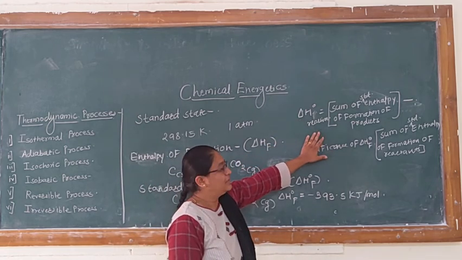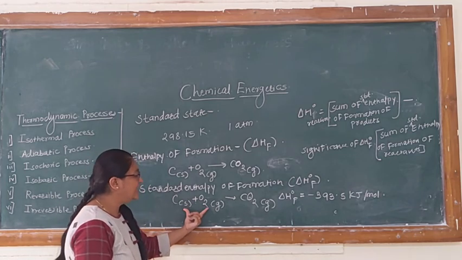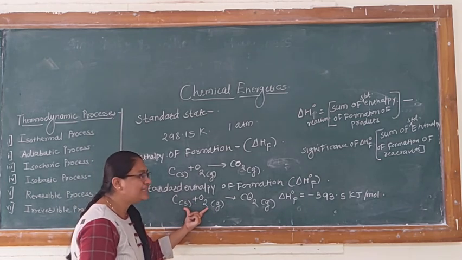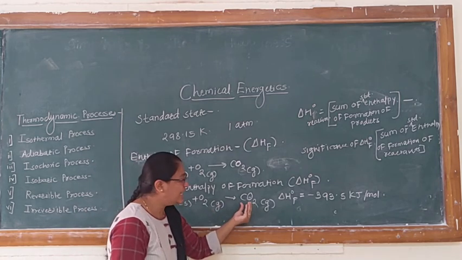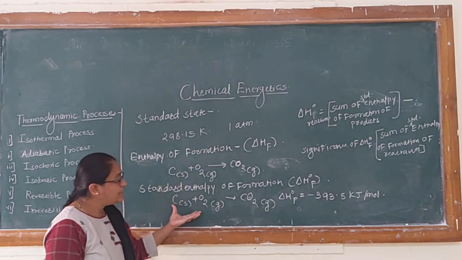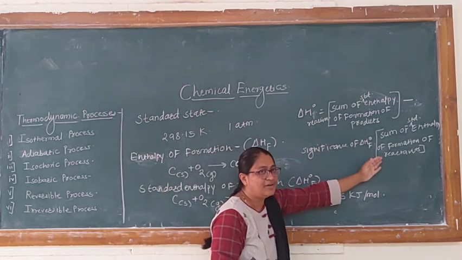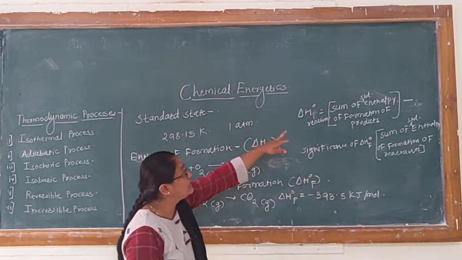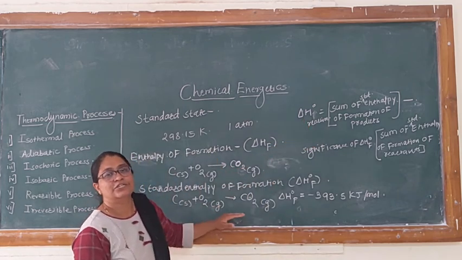For example, here, these are the elements, right? So their standard enthalpy of formation will be 0. If you know the standard enthalpy of formation for CO2 and for the reactants carbon and oxygen, and you put them here, you will get the enthalpy of the reaction.